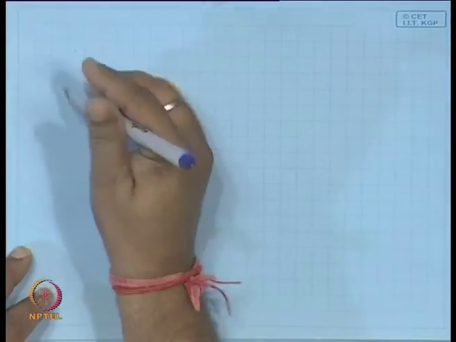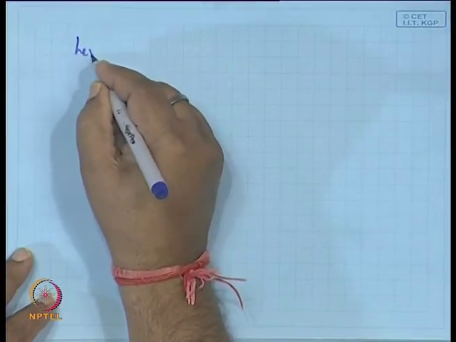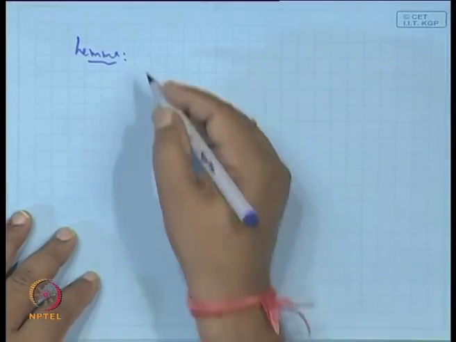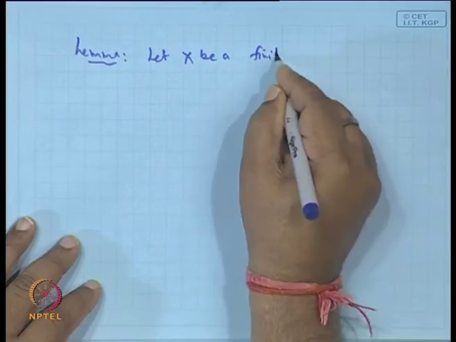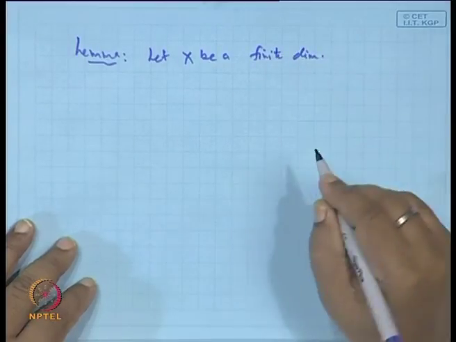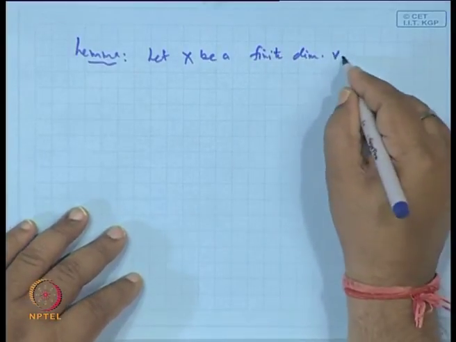Now, we have a very interesting result in the form of a lemma. What does this say? Let x be a finite dimensional vector space.